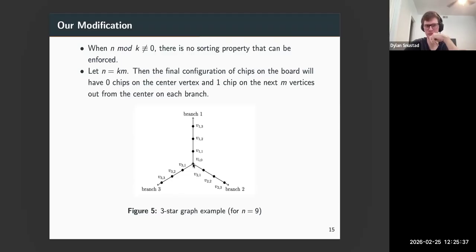And then if n is km, I'll just get 1 chip for the next m vertices outwards. So if I plug in n equal to 9 for this 3 branch case, I'll get 0 chips here, 1 chip here, 1 chip here, 1 chip here. All of these next 3 will just have 1 chip on them. So the final configuration is easy to classify at least.